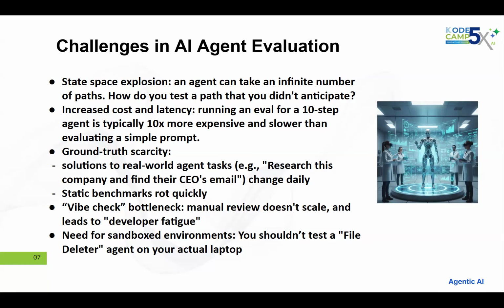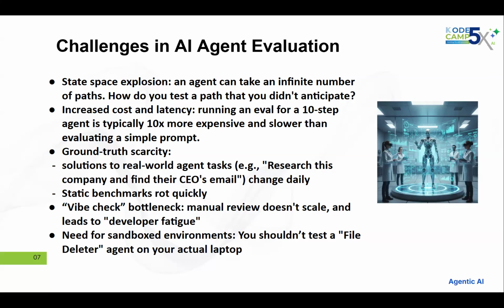For example, you ask the agent to find the email of a particular company's CEO. The CEO of a company may not be a static value. If the CEO changes, it means the email is changing.